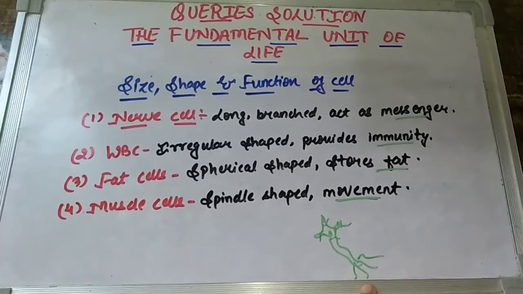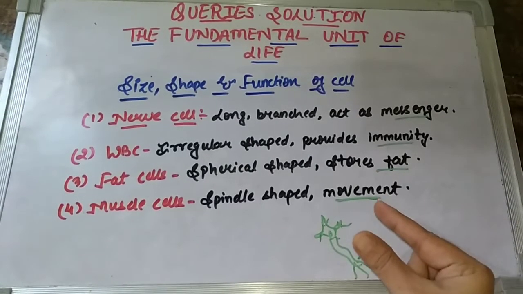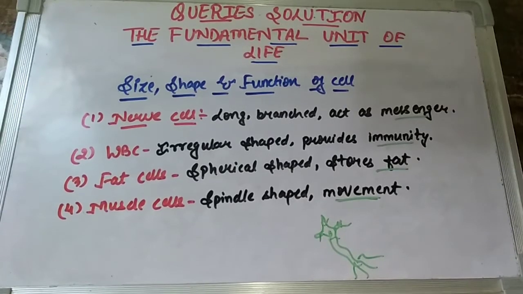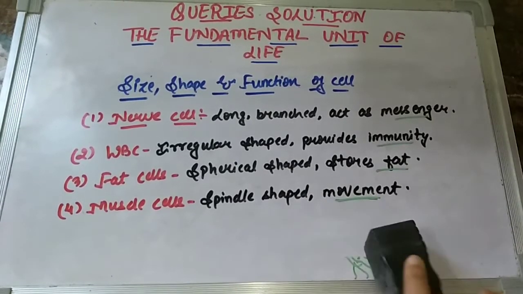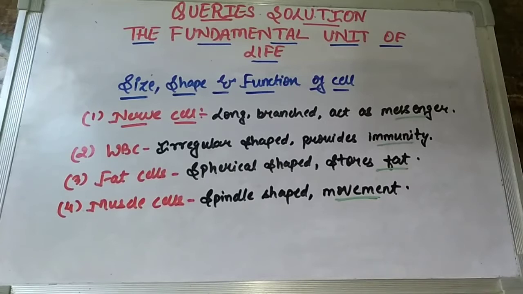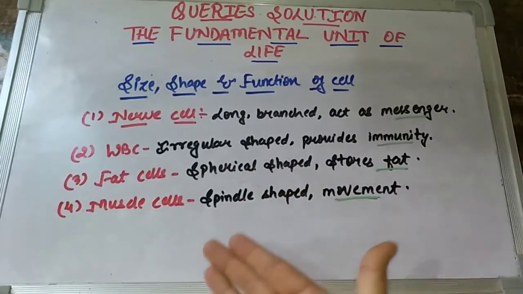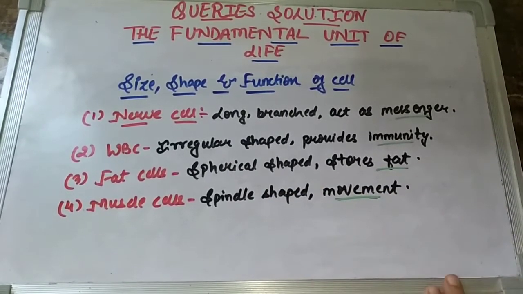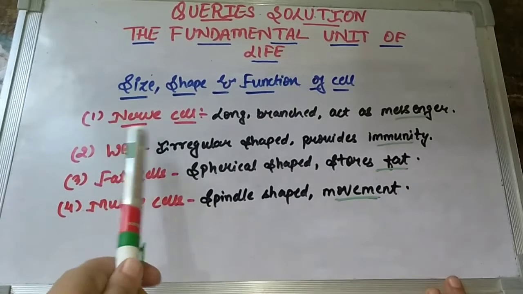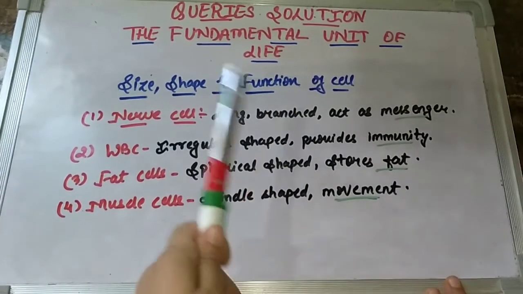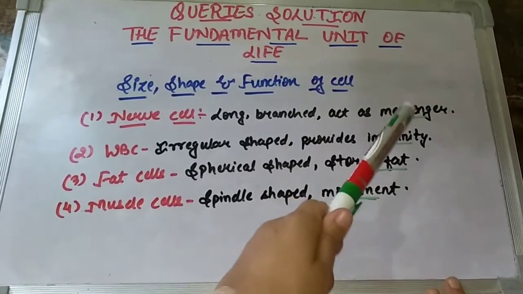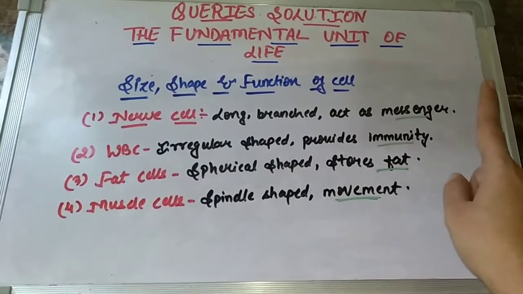If this structure were small, it would have taken a lot of time to pass on the information. But since this structure is long and branched, children, it is very easy to pass on the message from one neuron to another. So with this example, we can say that definitely the shape and structure of the cell, which is long and branched, helps in the function which it performs, which is acting as a messenger.